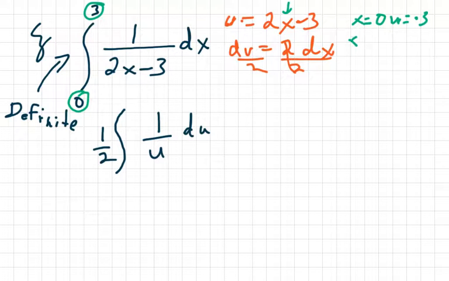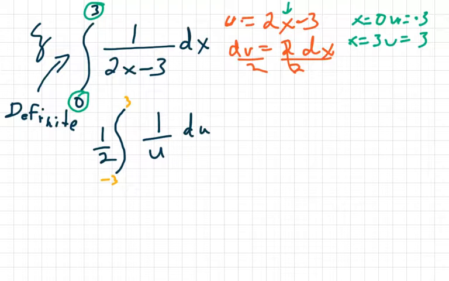And when x is 3, I get u equal to, well, 2 times 3 is 6, minus 3 is 3. So now when I would substitute this in, I'm going to put this in yellow. Because I'm using the u statement, I would have to say where x is 0, u is -3, and where x is 3, u is 3. So it didn't change much there. But I have to change those as well.